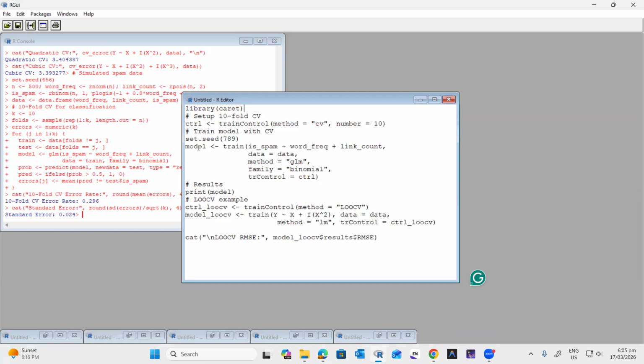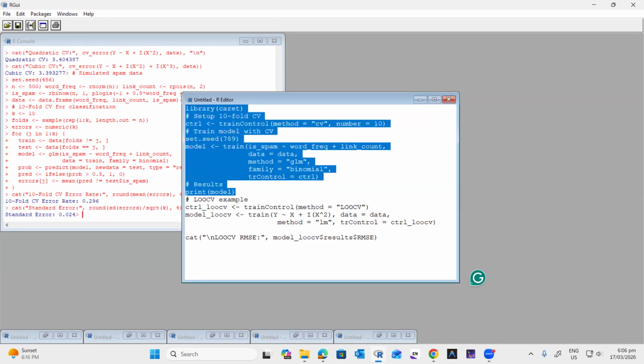After that, in the model train, the formula and the data specify the model. Okay, this is the model, and here is the data. And method we are going to introduce, that is the GLM, and the family of the dependent variable is binomial, and trControl is equals to control that will process the cross validation setting, and after that we will print the model here.